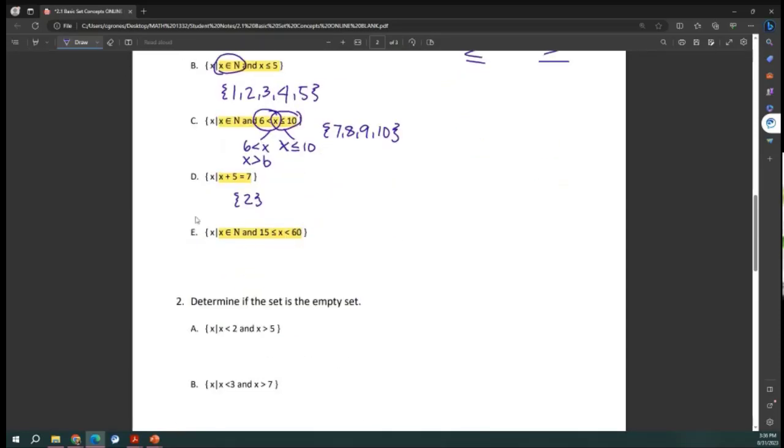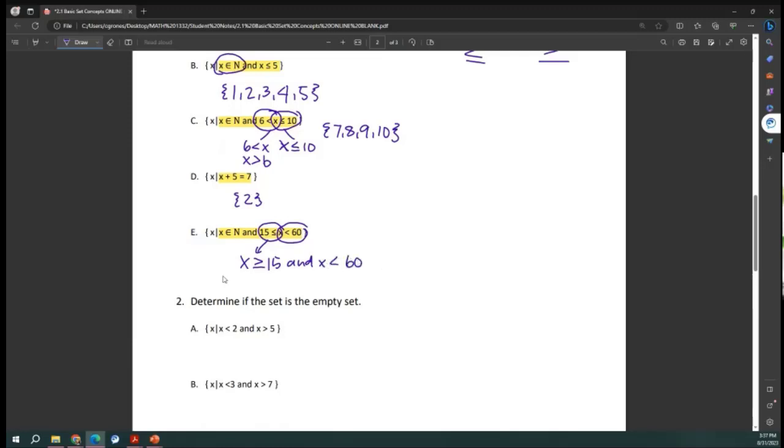And then on E, we have that X is between 15 and 60. So I'm just going to split it up again. Whatever way the alligator mouth is open, we're going to leave it open to the X. So X is greater than or equal to 15, and X is less than 60.